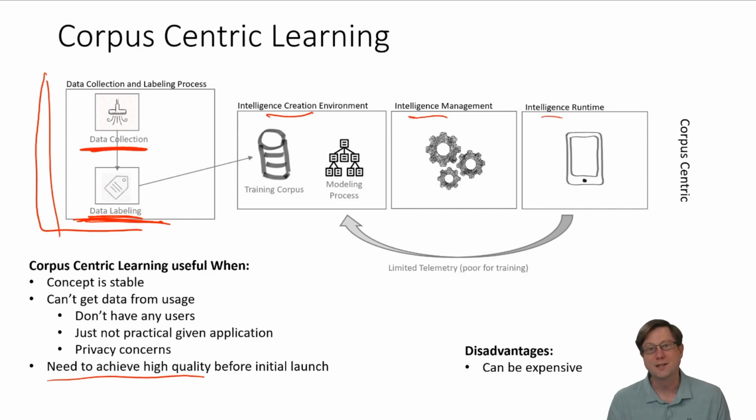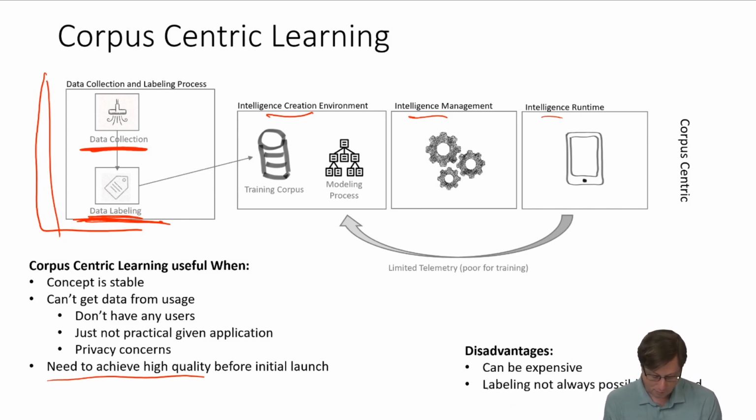So corpus-centric is not just, let's get three people together and spend a weekend getting some data. This is, let's look at the project. Are we building something big enough to warrant spending tens of thousands, hundreds of thousands, maybe millions of dollars to go and get the data so we can launch this product in the first place? And oftentimes you'll look at it and be like, absolutely, this is totally worth it. Let's go start this corpus-centric process.